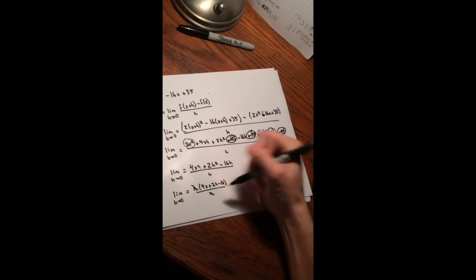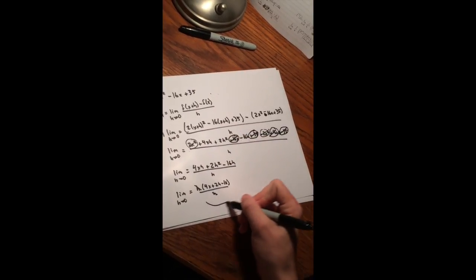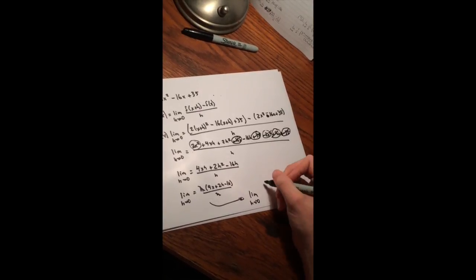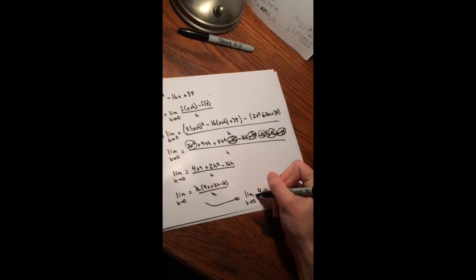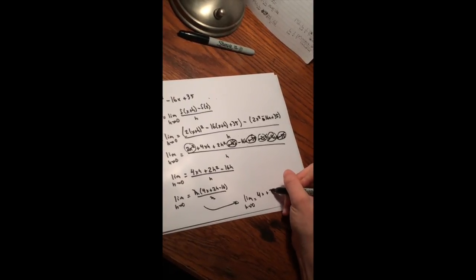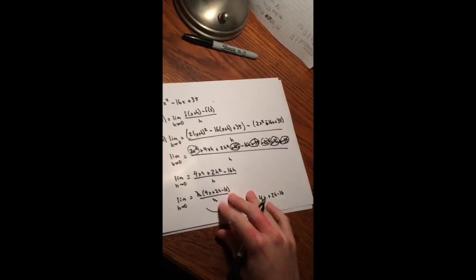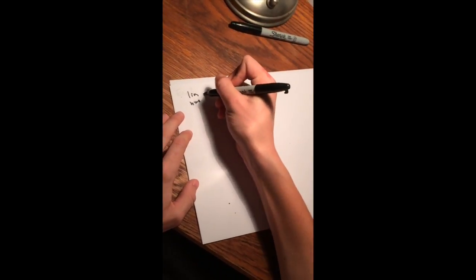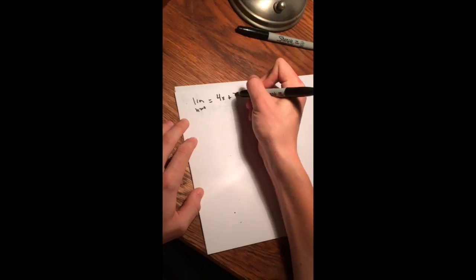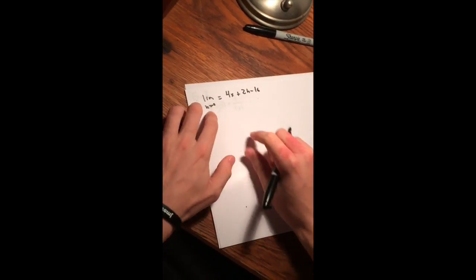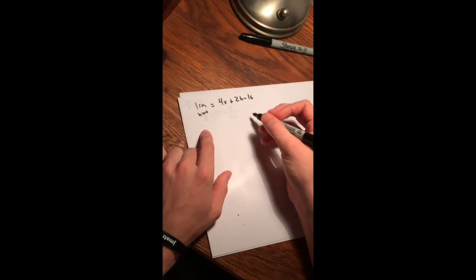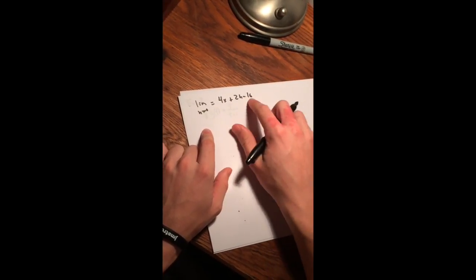So then these cancel out, and as h approaches 0, we're left with 4x plus 2h minus 16. So this is where the limit comes into play, because then h is able to become a 0 since there's no denominator.